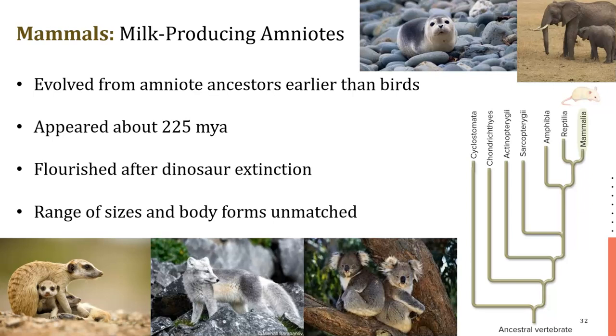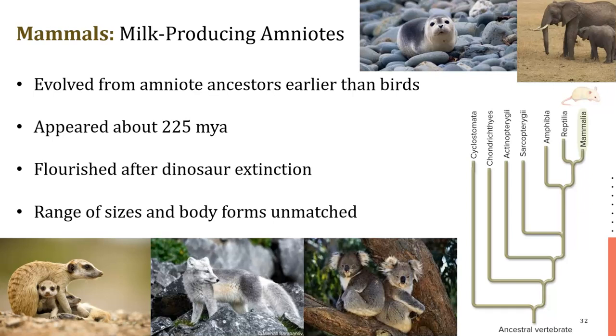So mammals at that time were very small, probably all rodent size or very, very close to rodent size. And so when the dinosaurs became extinct, mammals basically expanded into the environments and the niches that those dinosaurs had previously occupied.